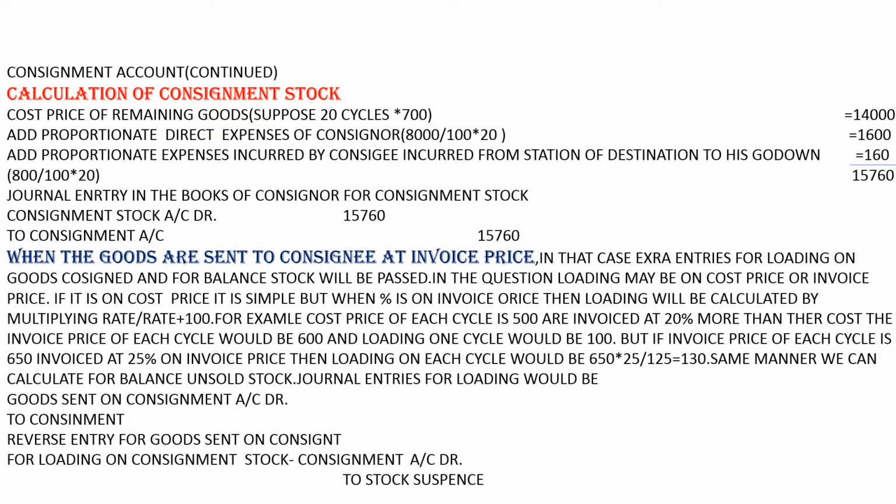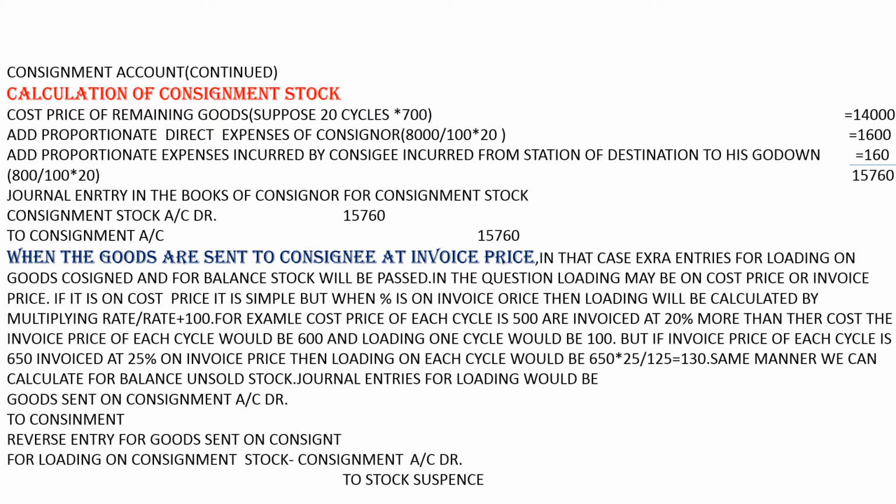If we are invoicing 100 cycles, it comes to 50,000. 20% of that would be 10,000. Then the invoice price would be 60,000. And the entry for loading would be 10,000.